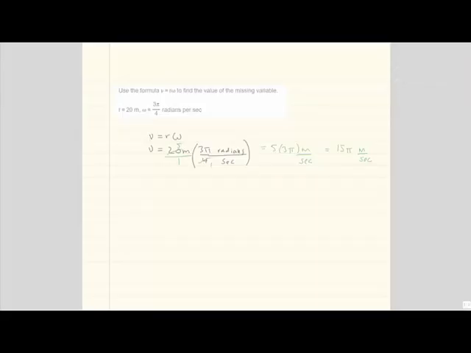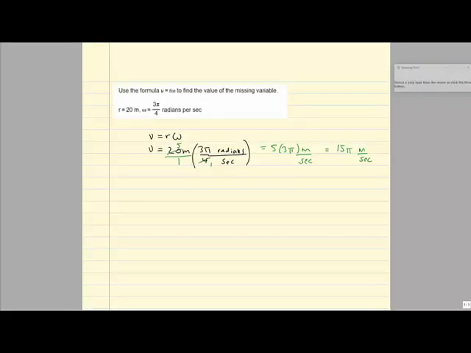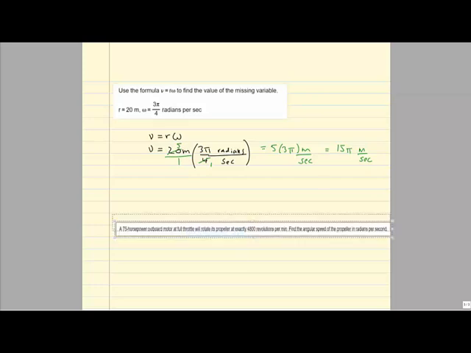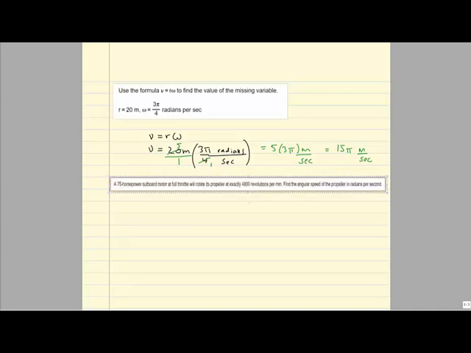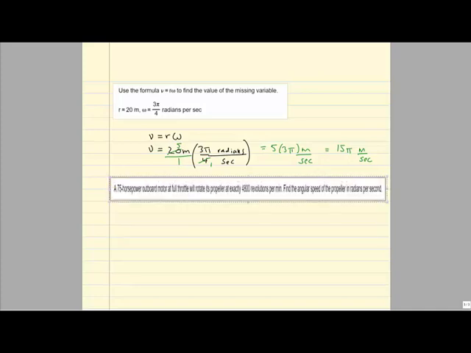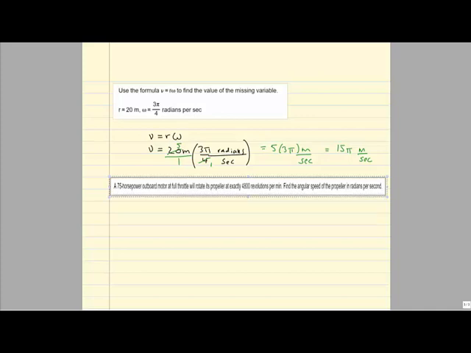So this one we're going to be working with a 75 horsepower outboard motor, it looks like. Here we have a 75 horsepower outboard motor at full throttle, and they tell us that at full throttle it will rotate the propeller exactly 4,800 revolutions per minute. So this 4,800 revolutions per minute, that's providing us with some information.